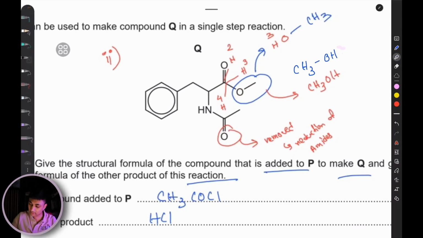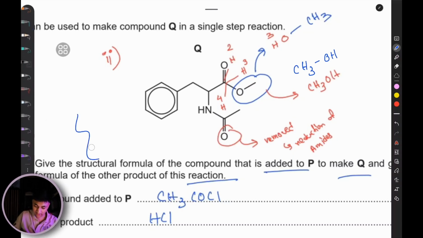And that, my friend, this H is going to be your first H that has been added to the structure. They mentioned 4 H should be added when breaking this ester bond. Now let's see. The first one has been added.